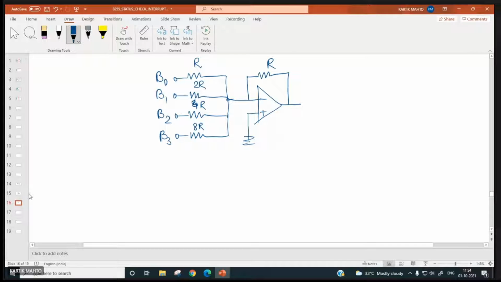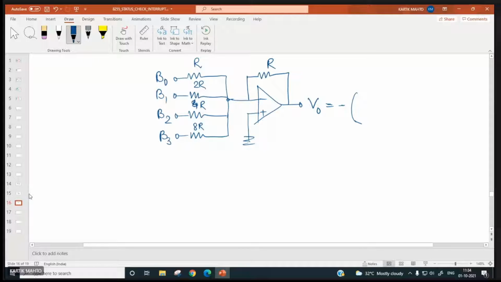So what is the output you will get? Minus RF by R, isn't it? Yes or no? Yes, sir.